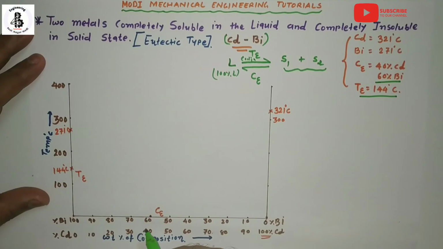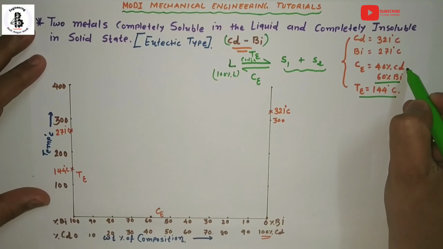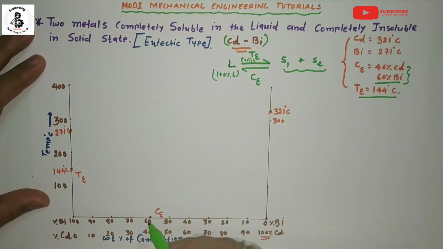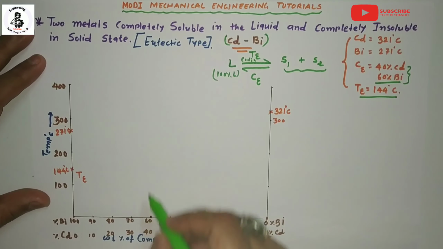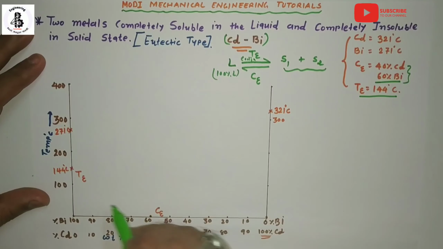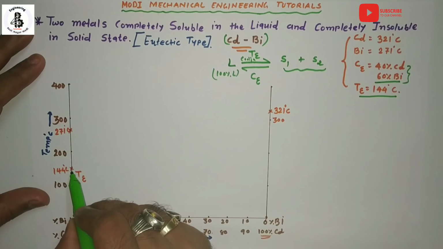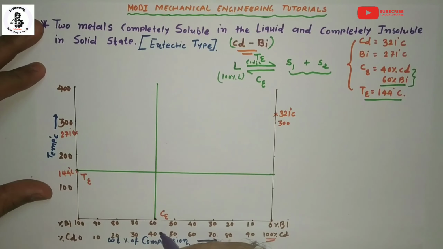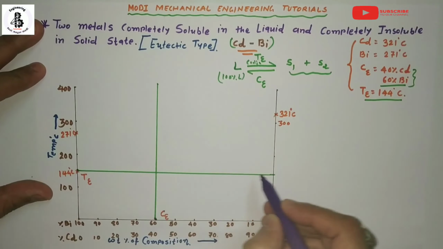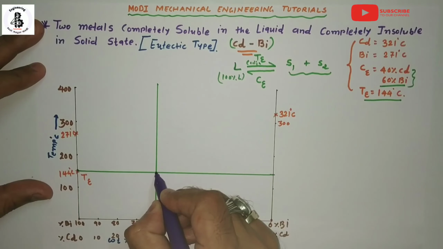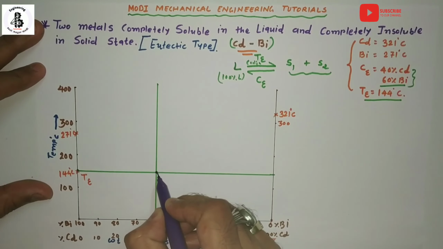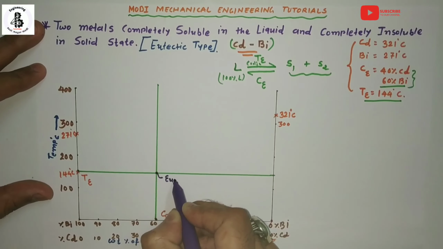From 60% bismuth and 40% cadmium, which is the eutectic composition, make one vertical line, and at the eutectic temperature, make one horizontal line. They intersect at this point, which is known as the eutectic point.